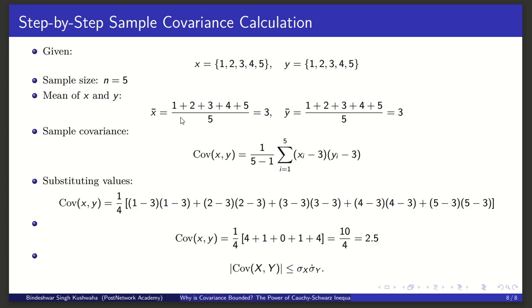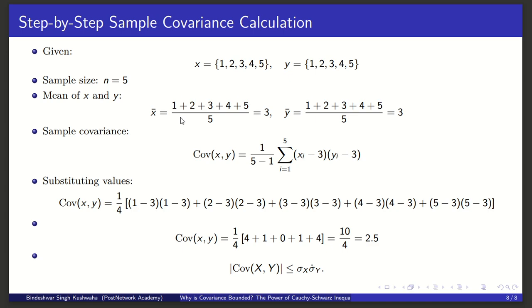You can check other cases. I have taken 5 data points 1, 2, 3, 4, 5 in x and y both, and you can check any combination, where x is some value and y is some value, and it will always come out less than 2.5, and the multiplication of sigma x and sigma y is 2.50.